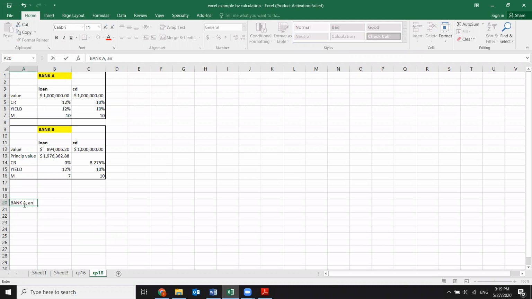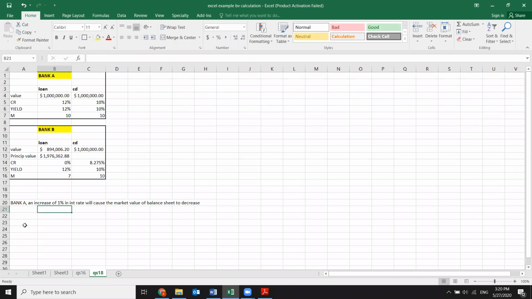An increase of 1% in interest rate will cause the market value of the balance sheet to decrease. I will explain why now. With the calculation, first let me calculate and I'll go over it again.